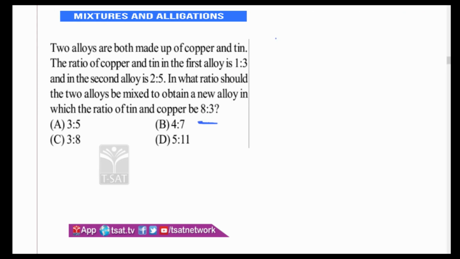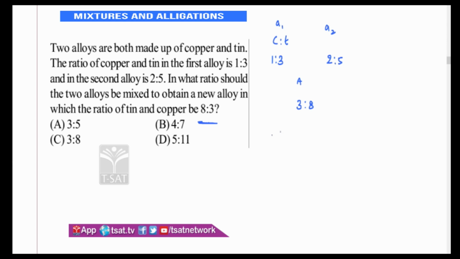I will take it as small a1, small a2, capital A. Here copper and tin is 1:3, here copper and tin is 2:5. Be careful here: he said tin and copper, but you have to take copper and tin. So, in the third alloy, the mixture is 3:8.